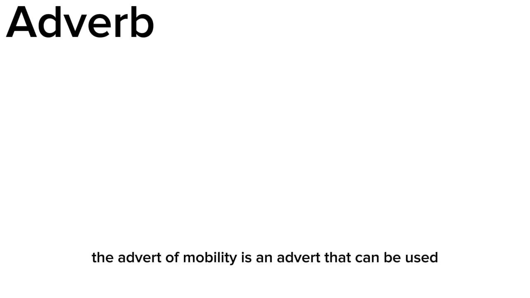The adverb of modality is an adverb that can be used when you want to show the level of confidence or hope. Examples such as likely, maybe, perhaps, possibly, unlikely.